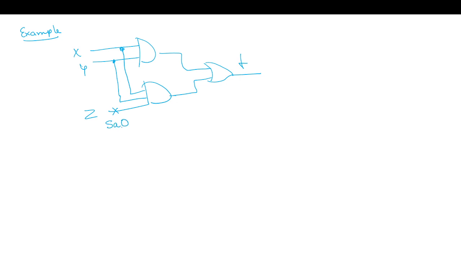Now for this stuck at 0, it should be 1 to excite the fault. So we want to multiply with C. Now what will be the expression of F? It is xy plus xy z.